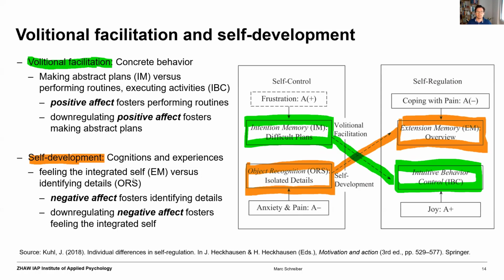Self-development is about cognitions and experience. So it's not about concrete behavior, it's about cognitions and experiences. And it's about the extension memory, where the feeling of the integrated self takes place. And it's also about object recognition, where we identify very, very small details.